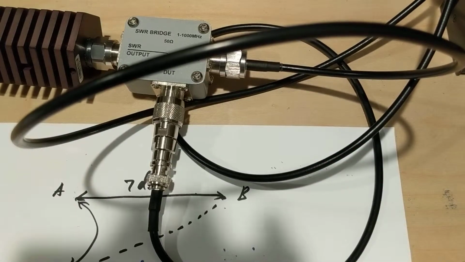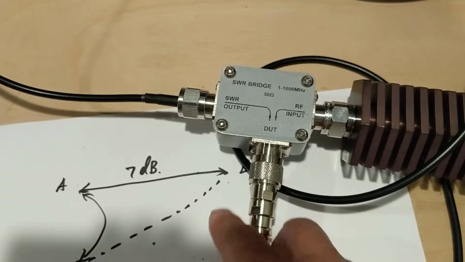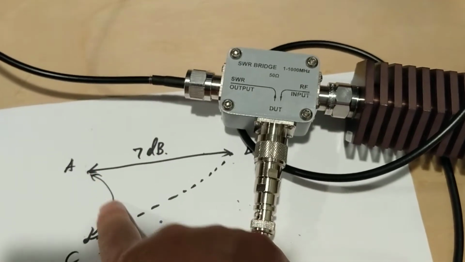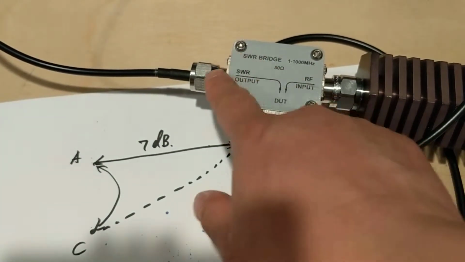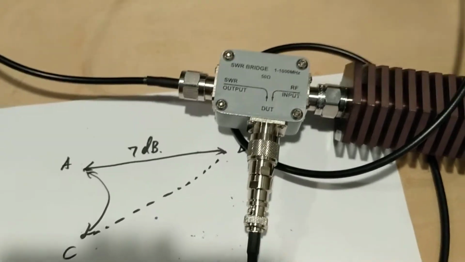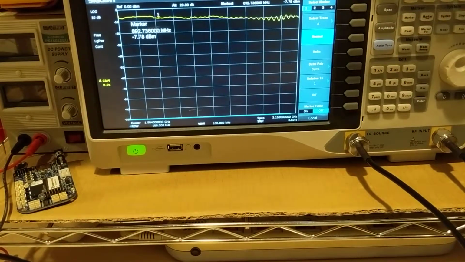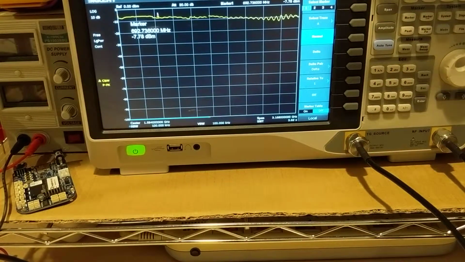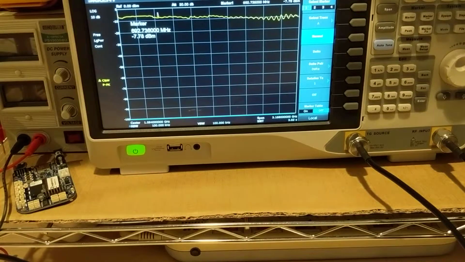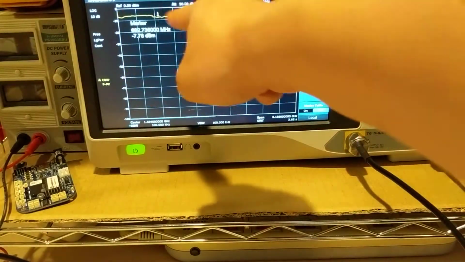Okay, now the signal is feeding from port A to C. Let's see. Well, it's almost similar to the previous one. 7.7 dB loss in this region.